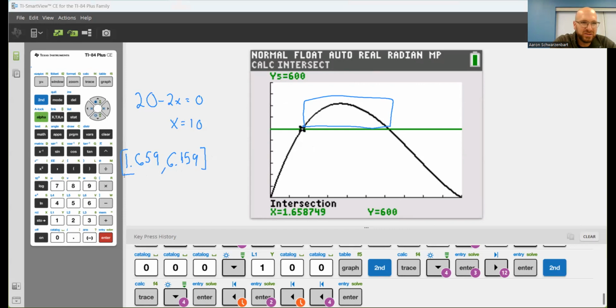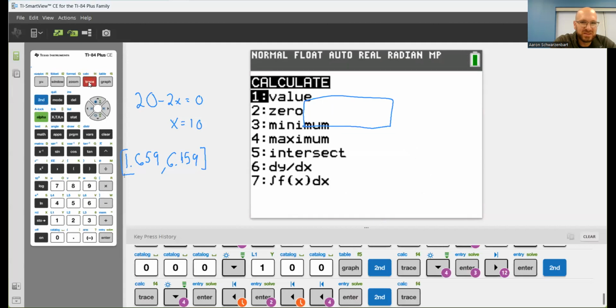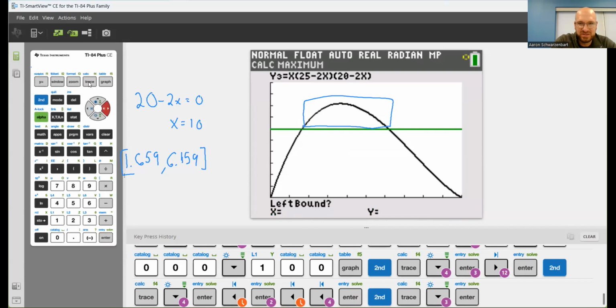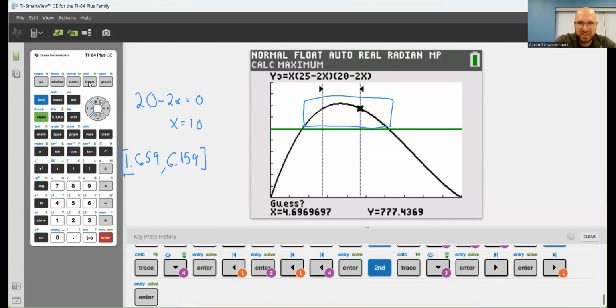I could find the maximum. What is the largest volume I can have? So I'm going on the left curve and just finding its max. I don't care what the guess is, it's between there. So if I cut out something of 3.681, it doesn't give me, oh, it's inches.